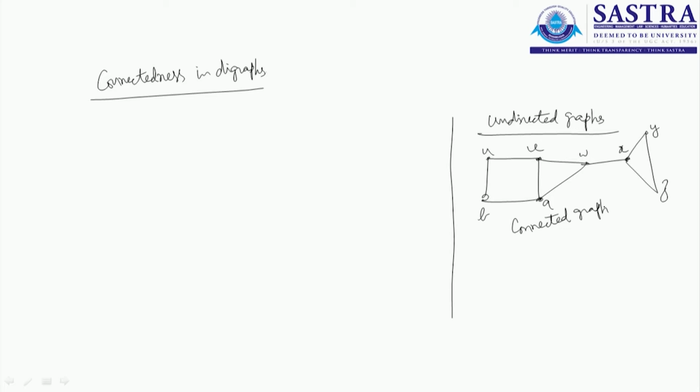Before moving into connectedness, you have a relationship between a binary relation and the directed graph. First I will show how to construct a directed graph for a given binary relation.